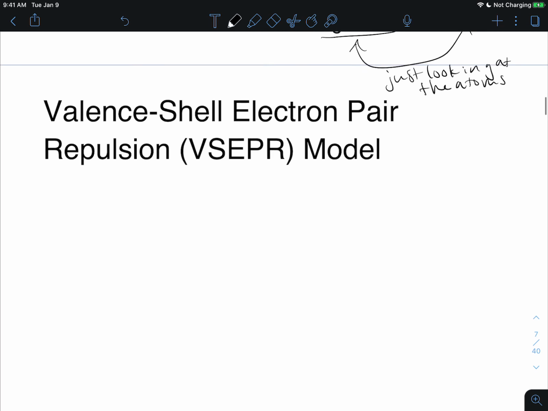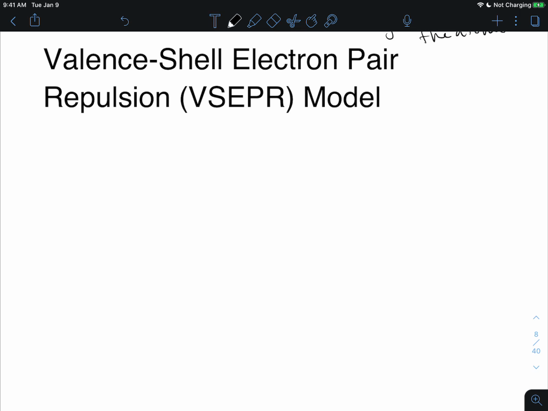And this all brings us into what's called valence shell electron pair repulsion theory, where our electron pairs are going to arrange themselves around a central point, our central atom, in such a way as to minimize repulsion.